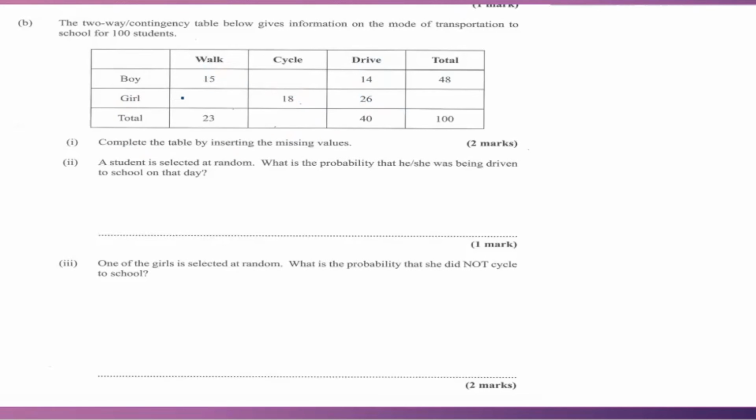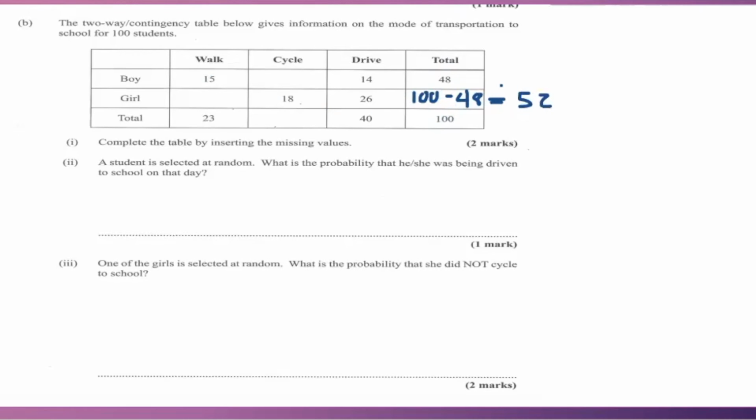To find out the amount of girls, first I need to find the total. And to find the total, I can say 100 minus 48. Because I know 48 boys plus the amount of girls should give me 100. So finding the difference of this, which is 52, will tell me the amount of girls I have.